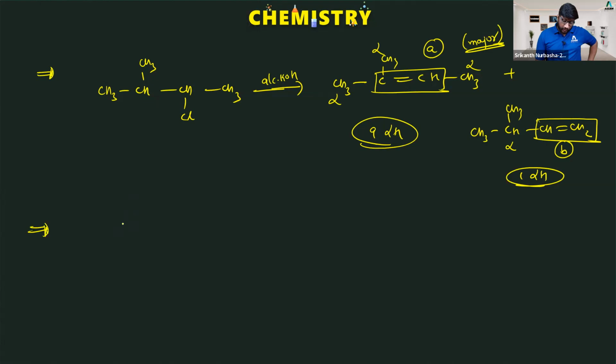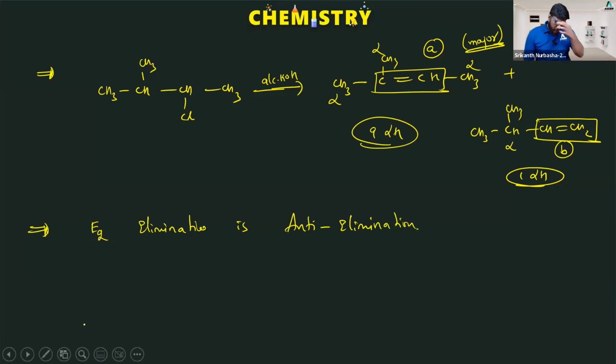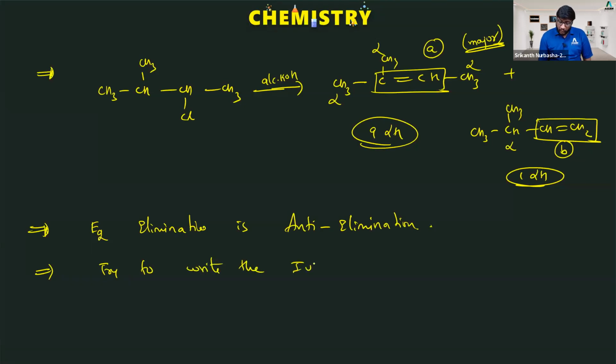E2 elimination is always anti-elimination. Try to write the IUPAC name of the product formed.